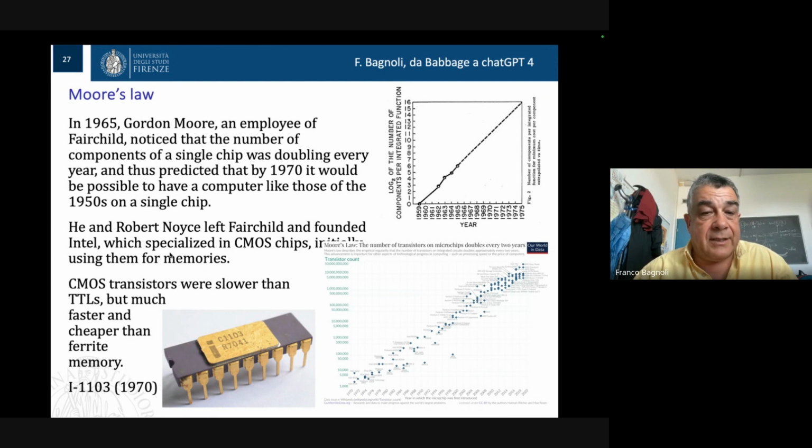And so Noyce and others left Fairchild to make Intel, essentially thinking of selling memories, which were at that time the most expensive things of a computer.